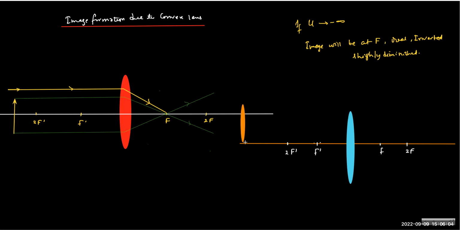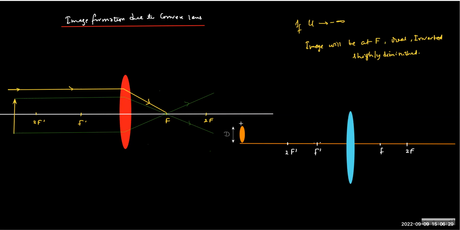If I call this the sun, of course at infinity, and I draw a line, okay, let me make it slightly smaller. And if I say that the actual diameter of the sun is a capital D, then how to form the image?